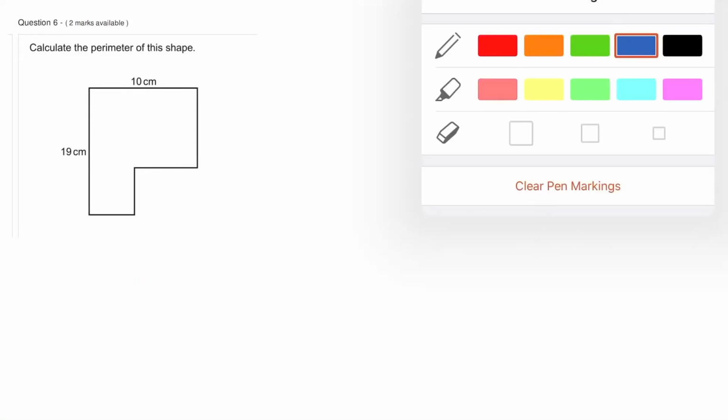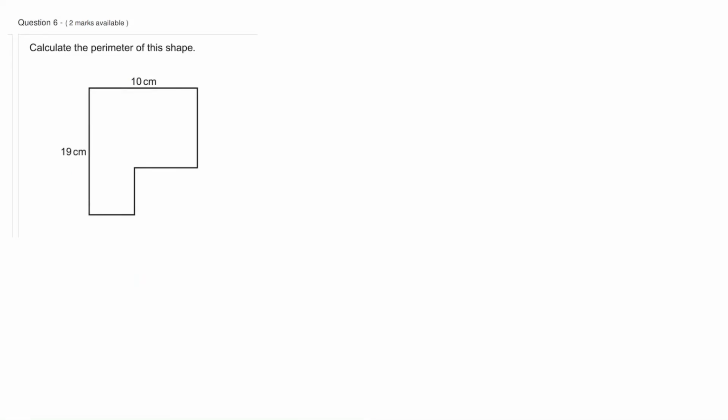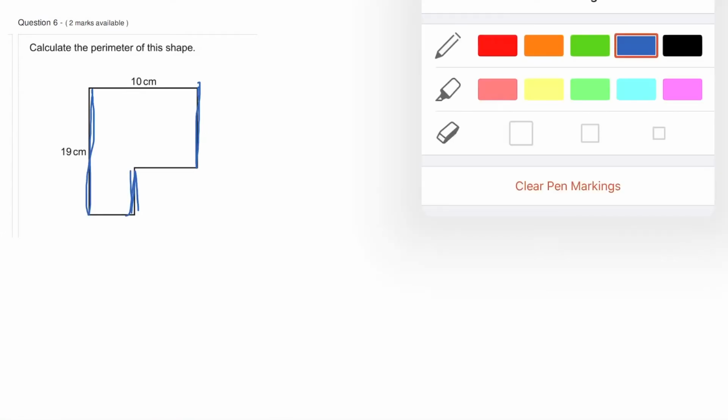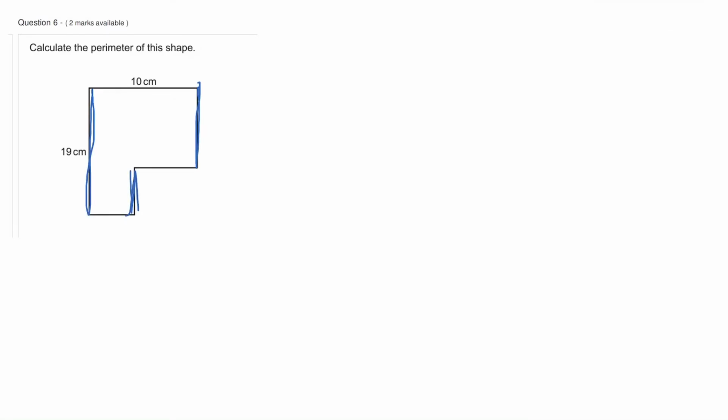Now for part 6, we are given again a shape, and we are asked to find the perimeter. So we can do this. We know that this side is 19. Therefore, this side add this side must equal to 19. And we know this side is 10 centimeters.